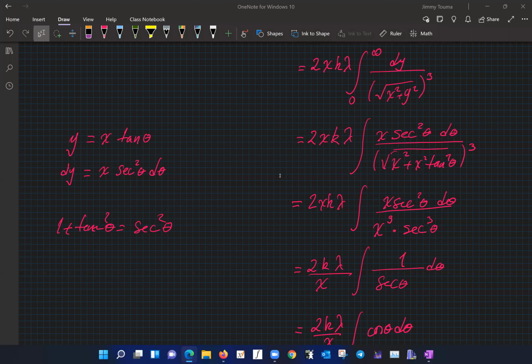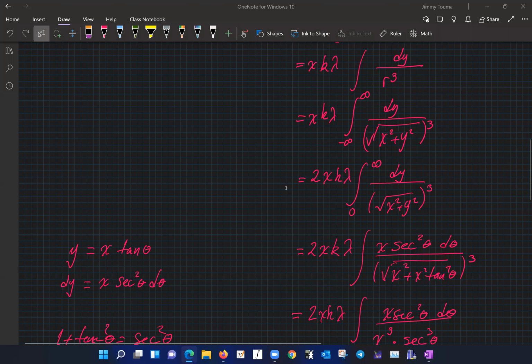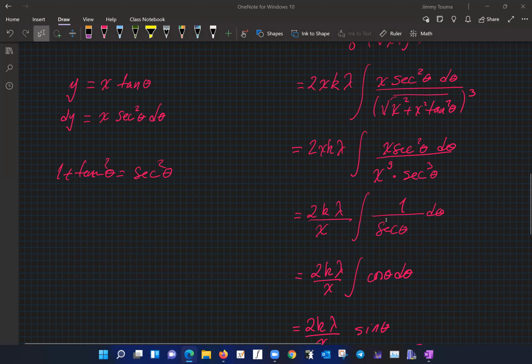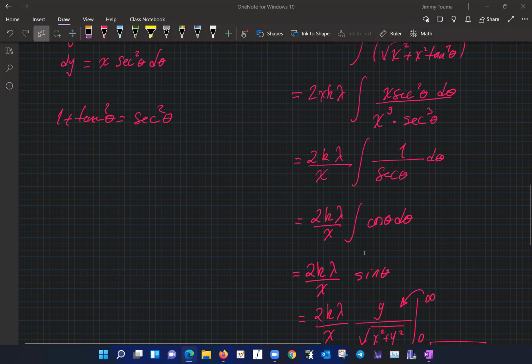All right, over here we decided, since I already have an angle, I already integrated this and I got an angle, I can do a change of limit. So let's see how we're going to do this.